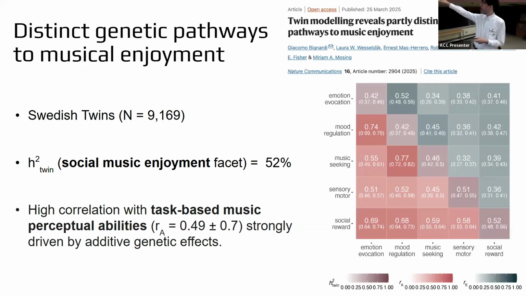All these different facets that you can see here are extracted from a previously validated scale called the Barcelona Music Reward Questionnaire, which includes 5 different domains of musical enjoyment: emotion evocation, mood regulation, music seeking, sensory-motor processes, and the last one that we're going to focus on today, social rewards. So the kind of social enjoyment that you get from musical activities.